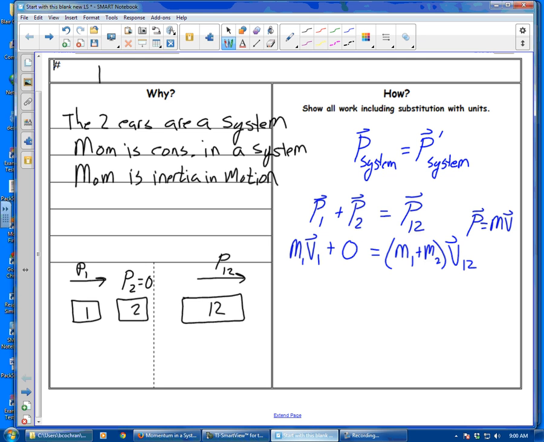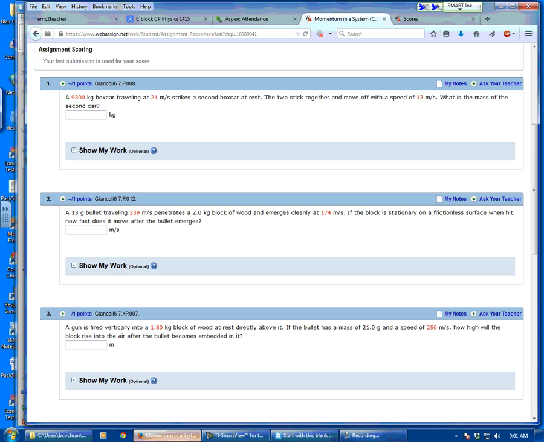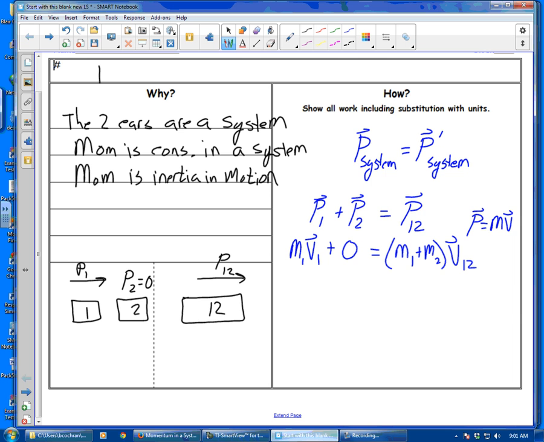Alright, let's see what we know here. We know the inertia of the first one, 9,300 kilograms. We know the velocity of the first one, 21 meters per second. We'll assume that's in the positive direction. We know the velocity of the 2 of them together afterwards, 13 meters per second. Alright, so let's fill in, and hopefully the only thing we'll have left to find is the inertia of the second one.